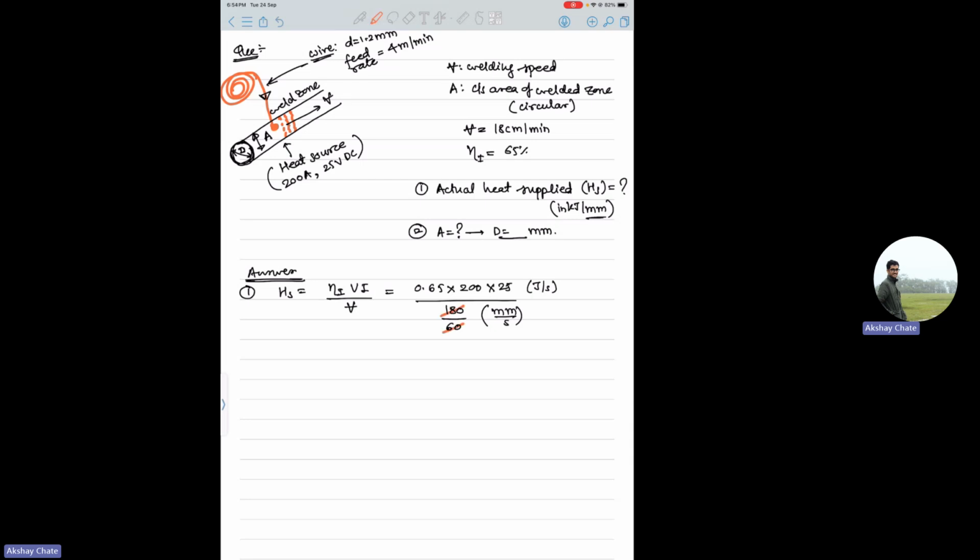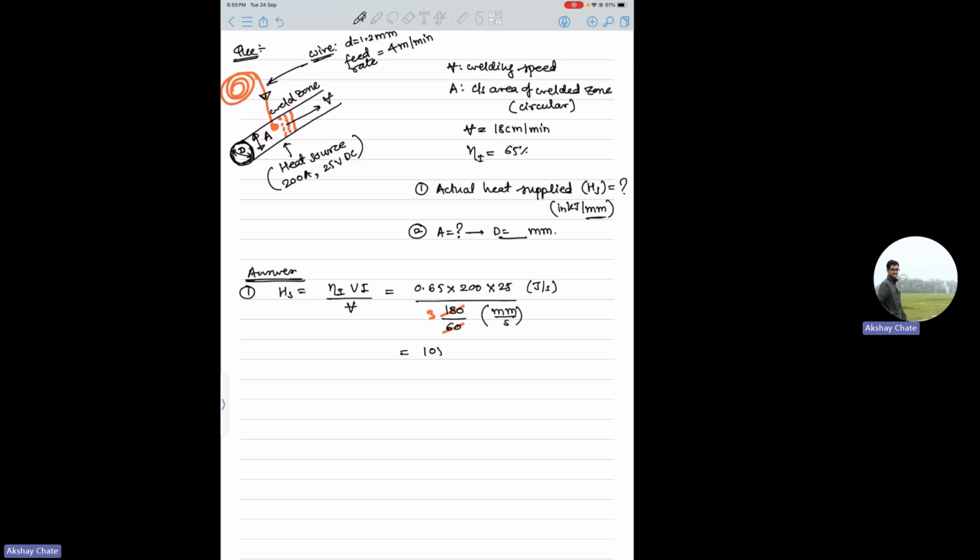So clearly this becomes 3. If you do the calculations, the numerator will be 5000 into 0.65, that will be 3250, divided by 3.